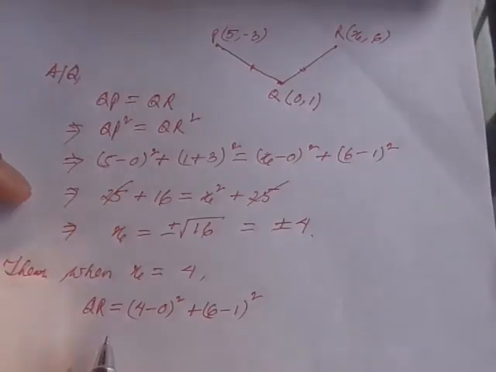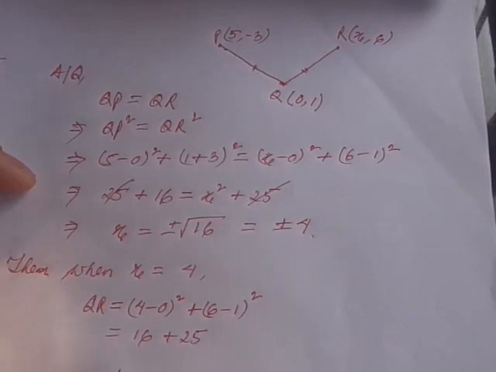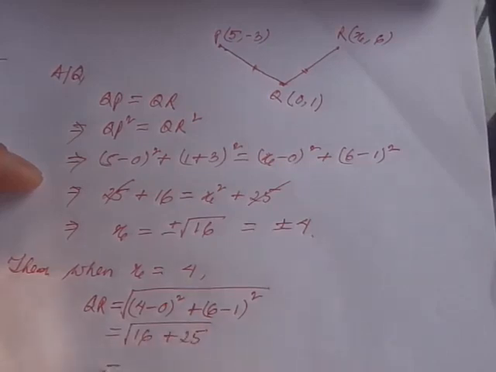So this is equal to 16 plus 25. So one root will be there, so equal to root 41. So we'll stop here. So this is root 41 units.